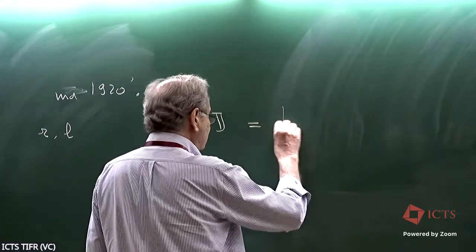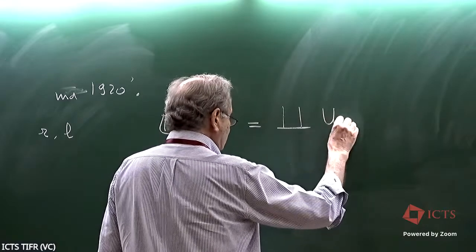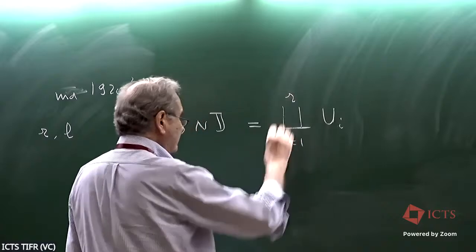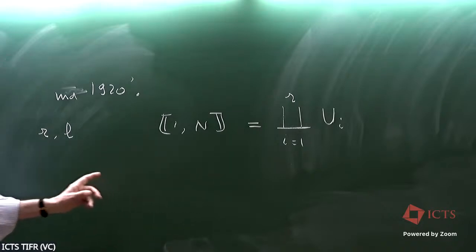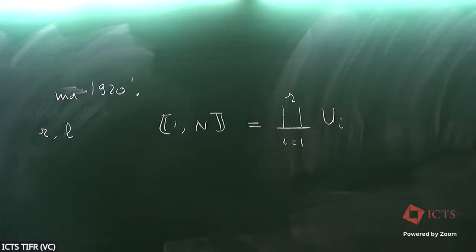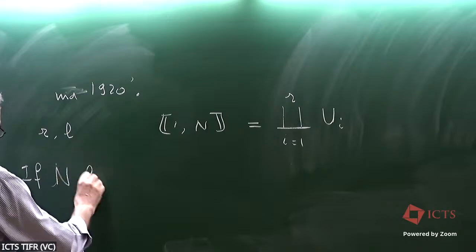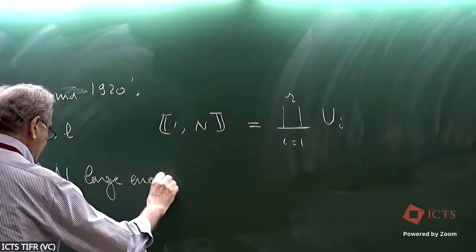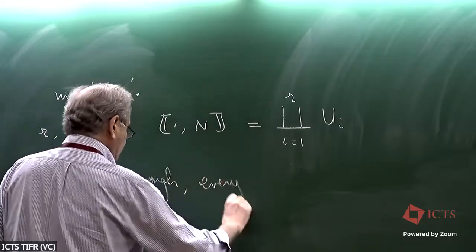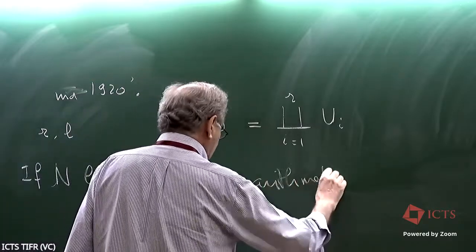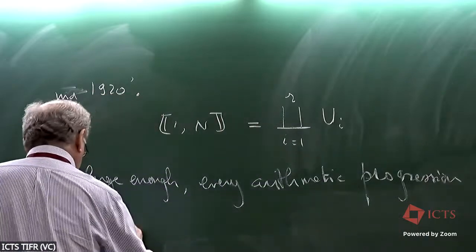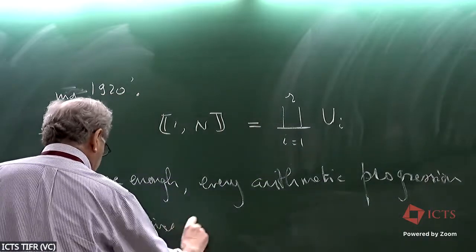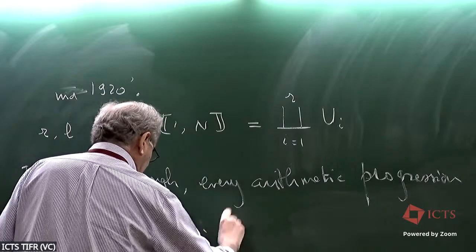You write it as a disjoint union of U_i, i from 1 to R. Then the question was to show that if n is large enough, then at least one of the U_i contains an arithmetic progression of length L.